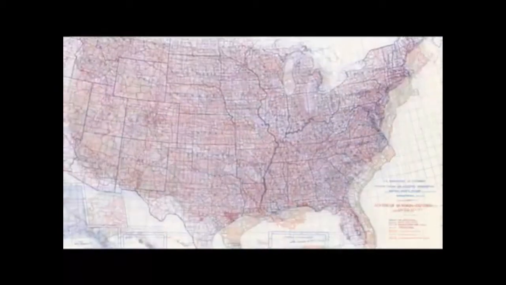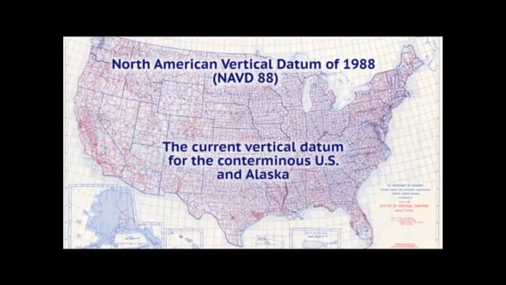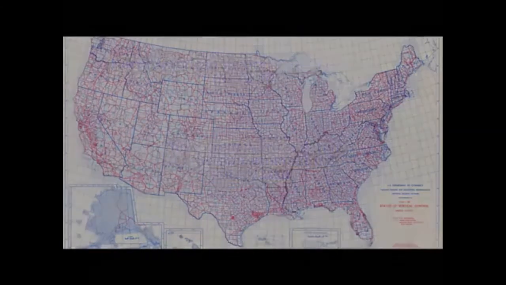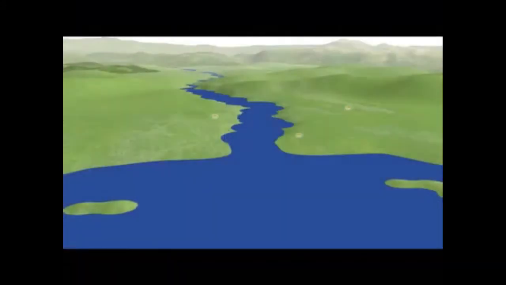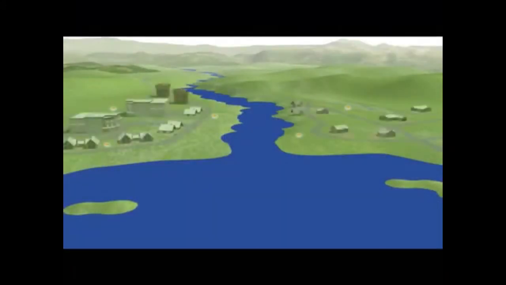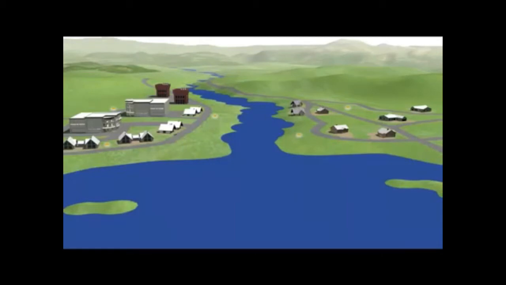The North American vertical datum of 1988, or NAVD88, is based on an adjustment of leveling observations from across the country. Surveyors have worked for decades to create a tremendously accurate reference system across the United States that helps define such things as property boundaries and floodplains, and is used in many other applications.